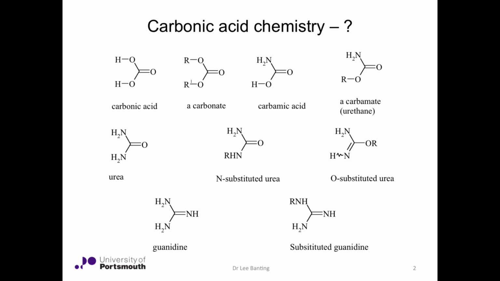And we can have substituted guanidines that appear in nature or are used synthetically. We cover those here so you can see it is an extrapolation of carbonic acid chemistry, but also because you're less likely to see them anywhere else in the chemistry course.